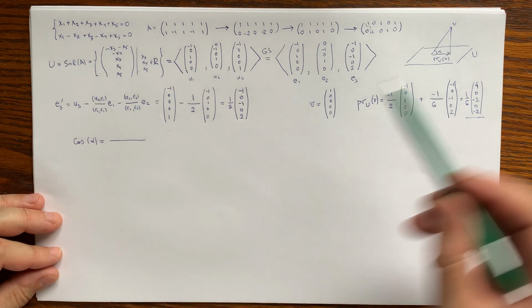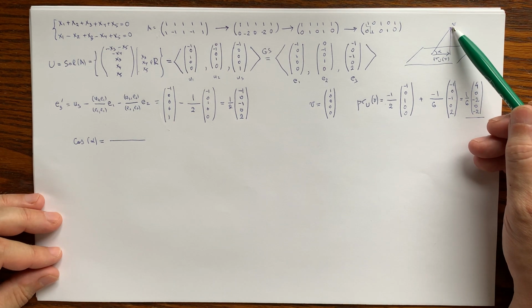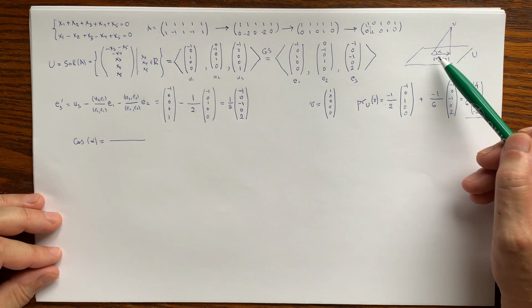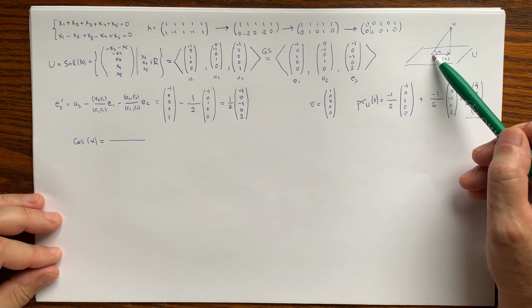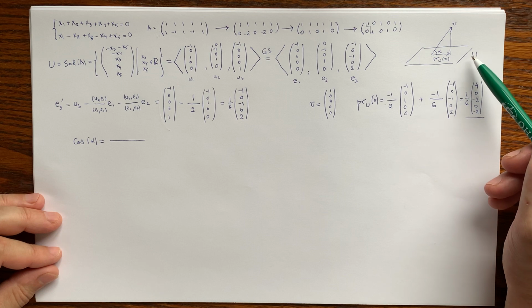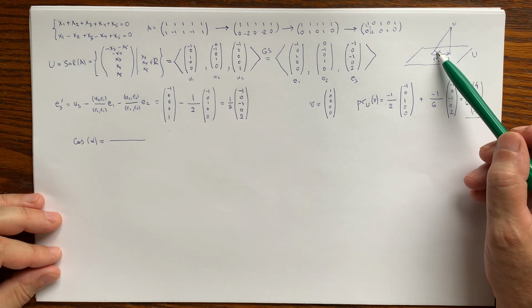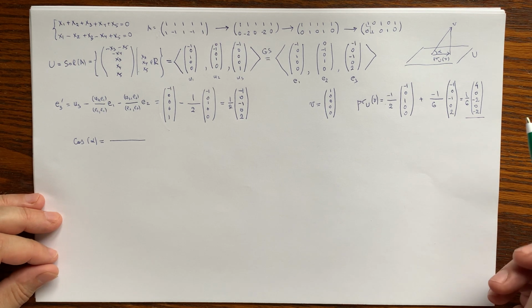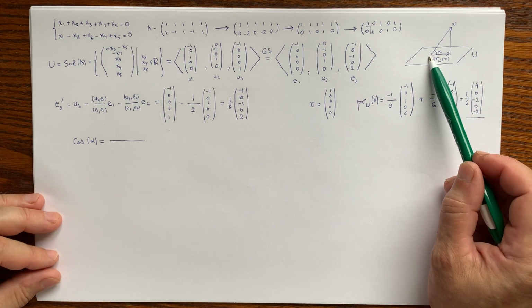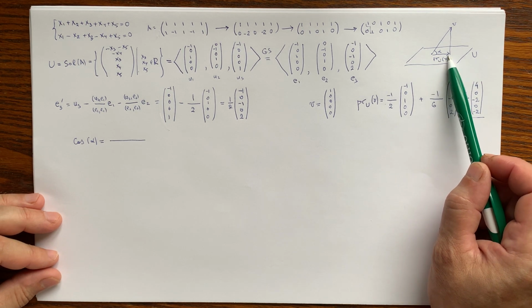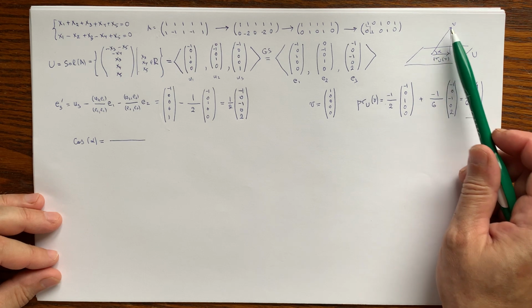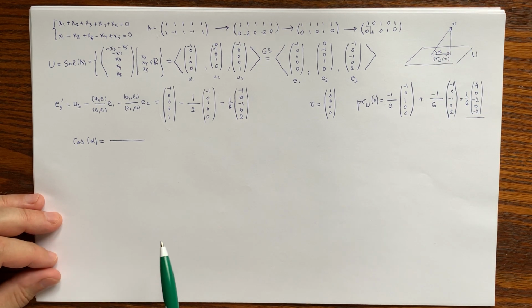So the angle between the vector we have in a subspace is really the angle between the vector and the closest vector in a subspace, closest to the original one, namely the projection. So we know how to compute the angle between two vectors. The projection and the original vector are now both known to us.